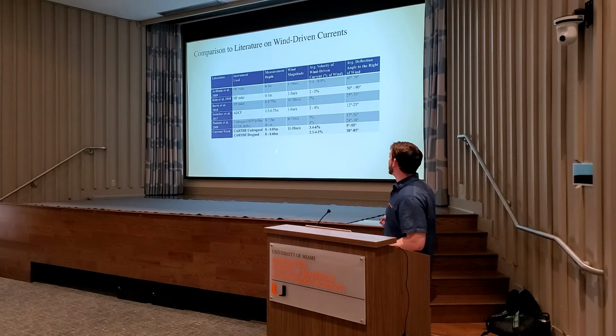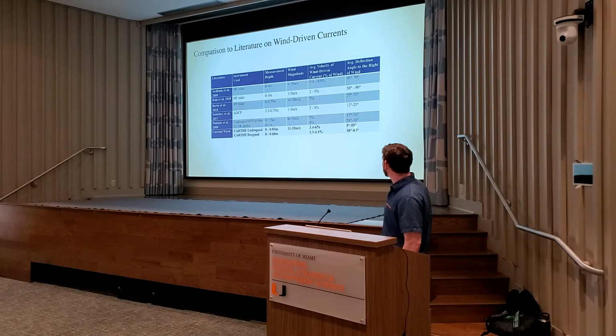Just to show you we're not crazy, this is a comparison to past studies. You can see that, first off, past studies have studied deeper layers, 0 to 1 meter, 0 to 2.5, which I think is the shallowest layer next to ours on this chart.